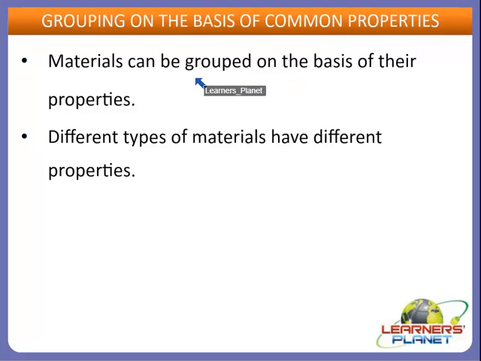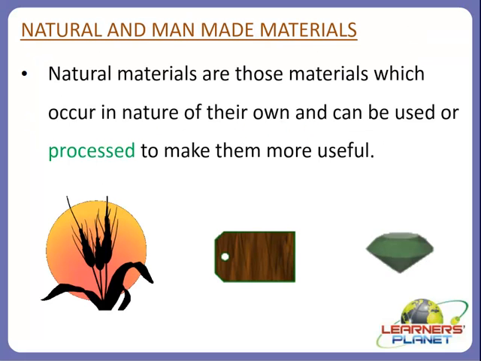So what can we say about it? Materials can be grouped on the basis of their properties, as different types of materials have different properties. The first one is natural and man-made materials. Natural materials are those which occur in nature on their own, and they can be used or processed to make them more useful.